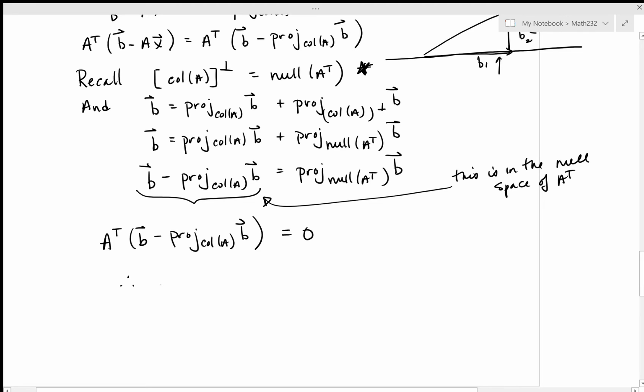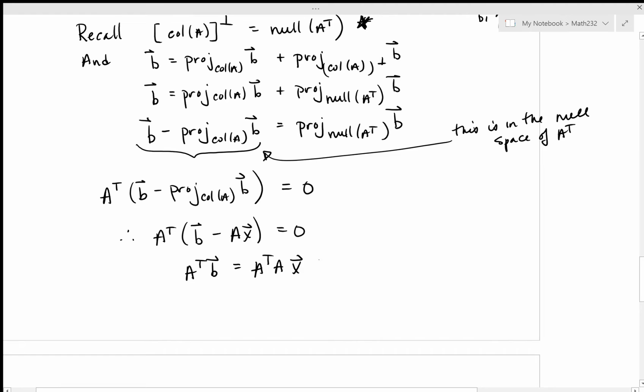Therefore, A transpose times (B minus AX) is equal to 0. Then I can use some very basic algebra here. A transpose B is equal to A transpose A times X.